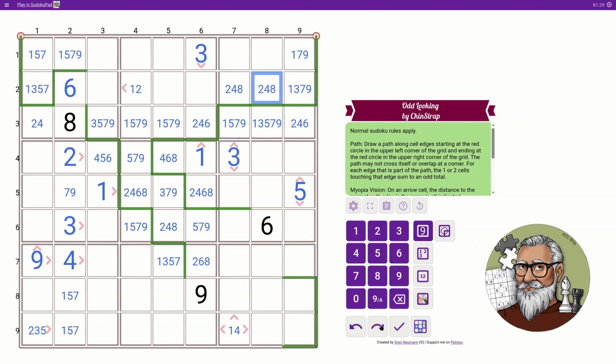That's correct. Why did I put an odd digit there?